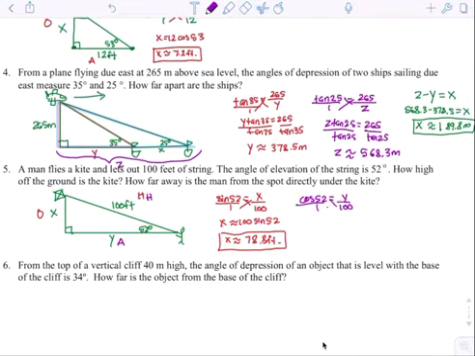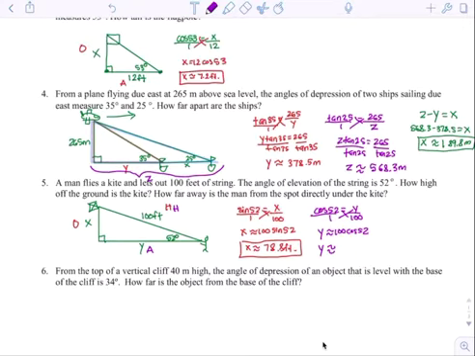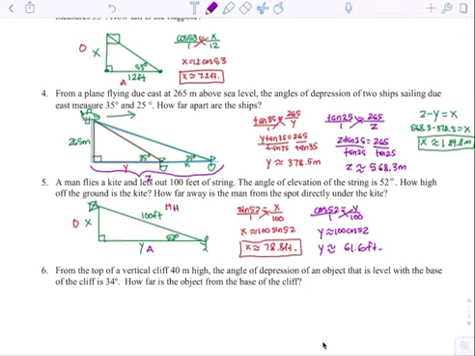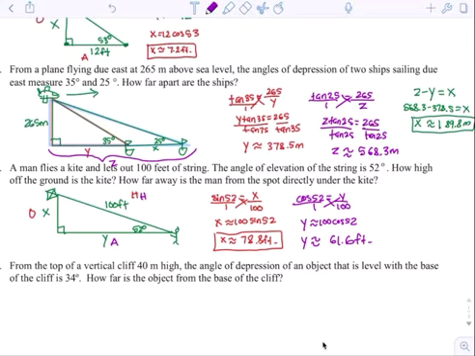That's over 1, so y is going to roughly be 100 cosine of 52, so y is roughly going to be 61.6 feet. So the kite is 78.8 feet off the ground, and from the man to the kite, if you were to stand directly underneath the kite, be 61.6 feet away around. Alright?